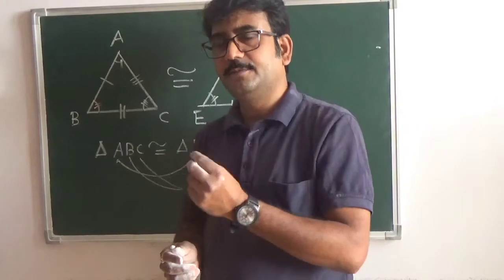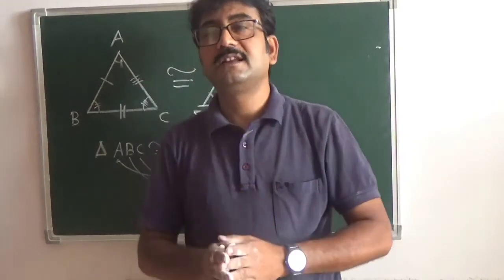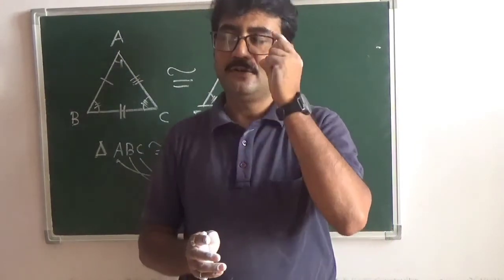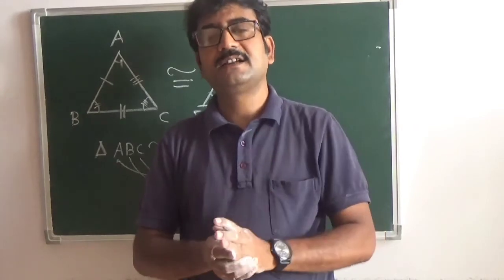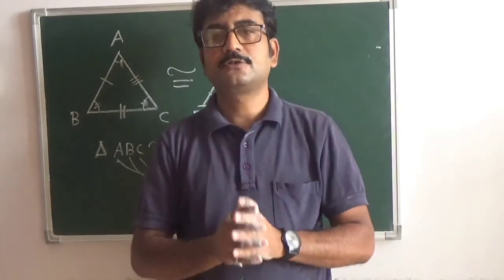Using any one of the 5 rules, if you can prove that the triangles are congruent, then automatically all the corresponding angles become equal, and the sides also become equal.